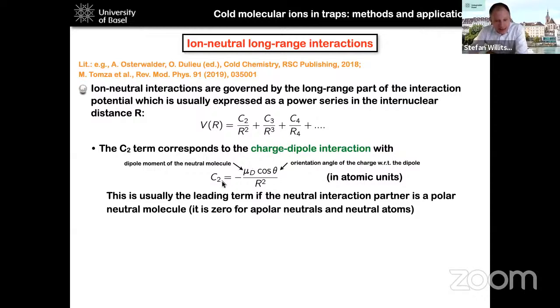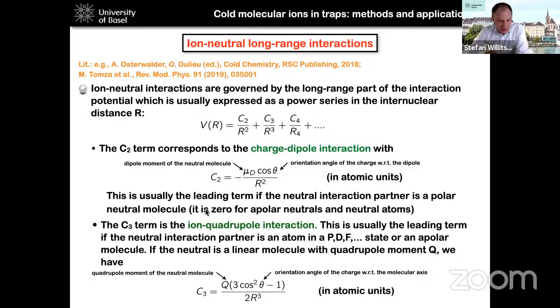In this case, the C2 coefficient assumes this form. We have the dipole moment of the neutral molecule, and then there is, of course, an orientation dependence: it depends on how the dipole moment is oriented with respect to the charge. So this is the leading term if we have an interaction between an ion and a polar molecule.